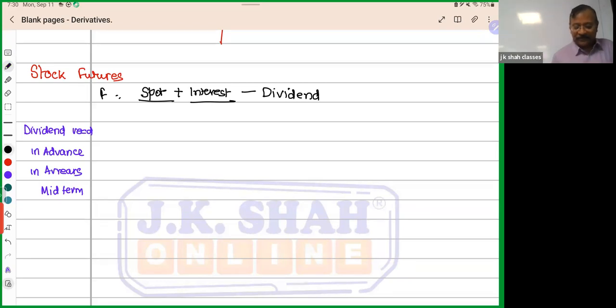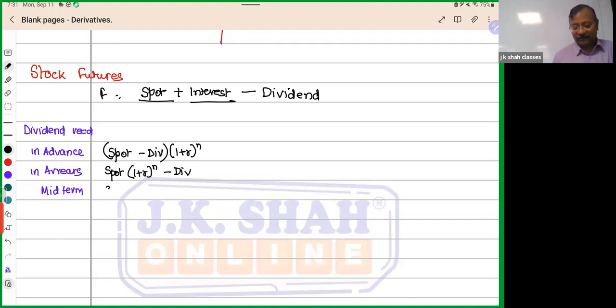Now, if you receive the dividend in advance, that means advance meaning today, as soon as you buy the stock. Advance, arrears, midterm. So if you are getting the dividend today, in advance, how will you write this expression now? Spot minus dividend, into (1 plus R) to the power N. If you are receiving it in arrears, then spot into (1 plus R) to the power N minus dividend.